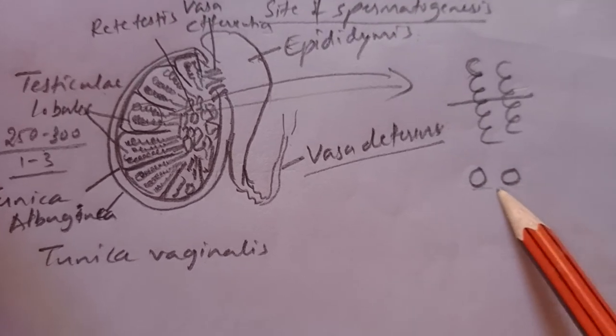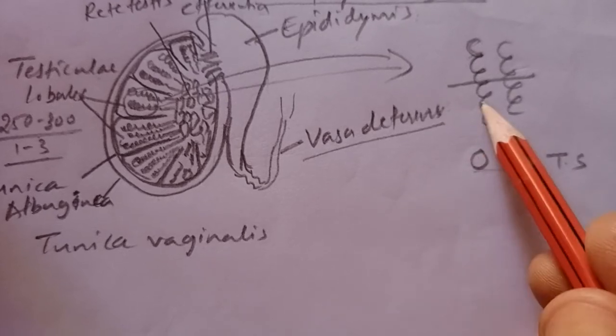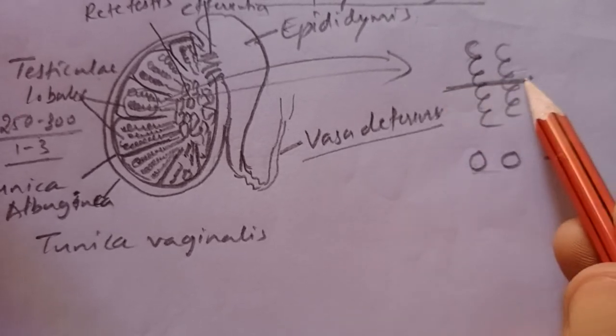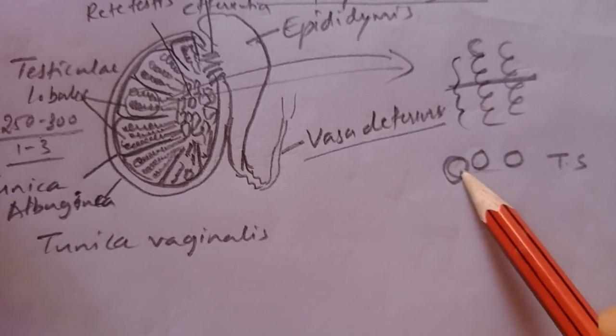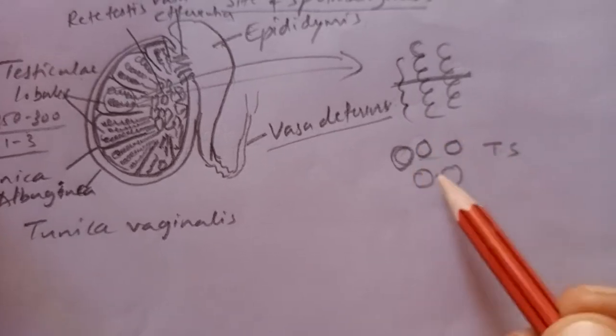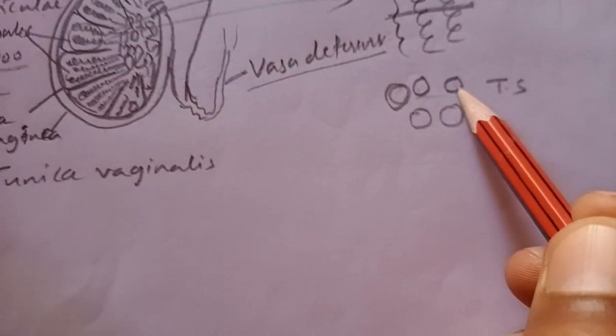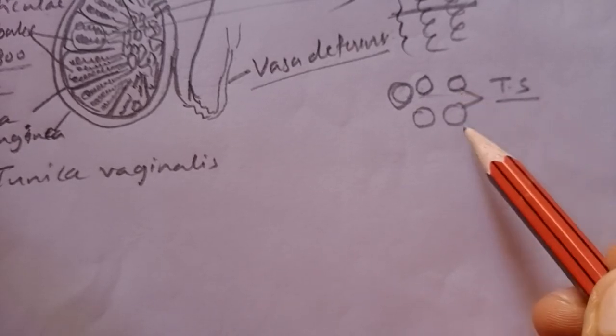This is the TS of seminiferous tubule. Two tubes come under this section, maybe one more, like this. Here also we may observe so many circle like structures. Now these are the TS, transverse section, of seminiferous tubules.